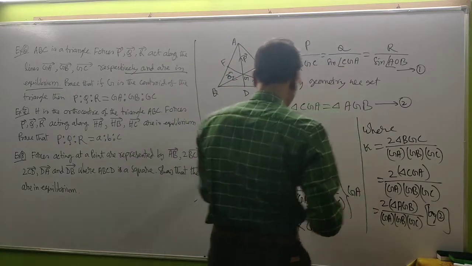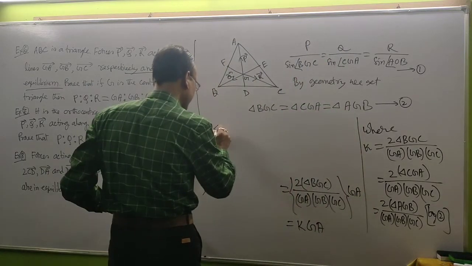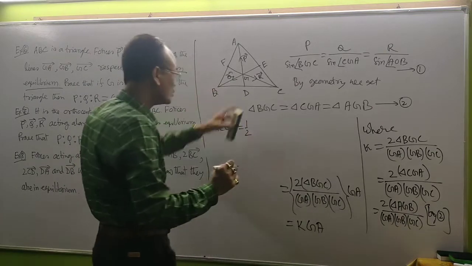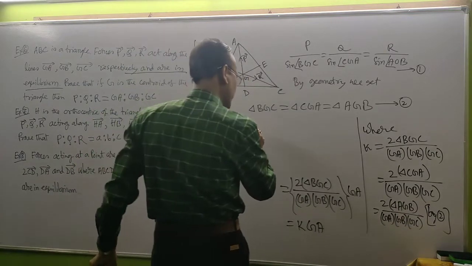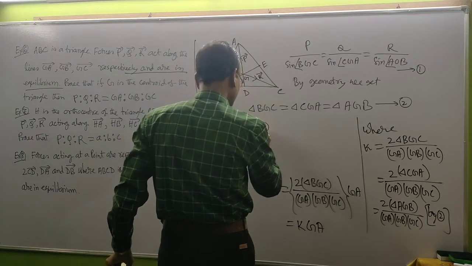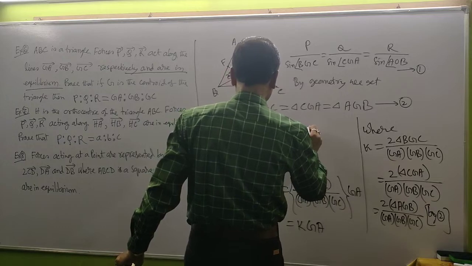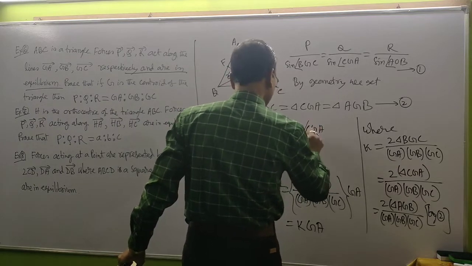Now, the area of the triangle CGA equals half into the product of any two sides, GC, GA, into the sine of the included angle CGA.